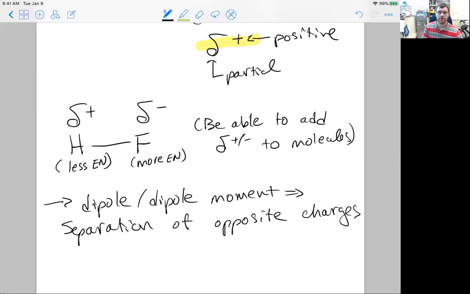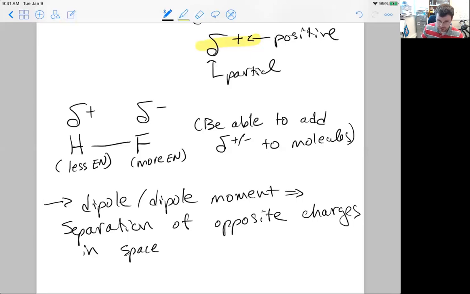There's a lot of physical ramifications if you separate balancing subatomic particles like electrons and protons. If you separate them in space and you create a slightly positive charge on one side, like the hydrogen, and a slightly negative charge on the opposite side, like the fluorine, that separation of charge creates a dipole because we've separated the charge in space.